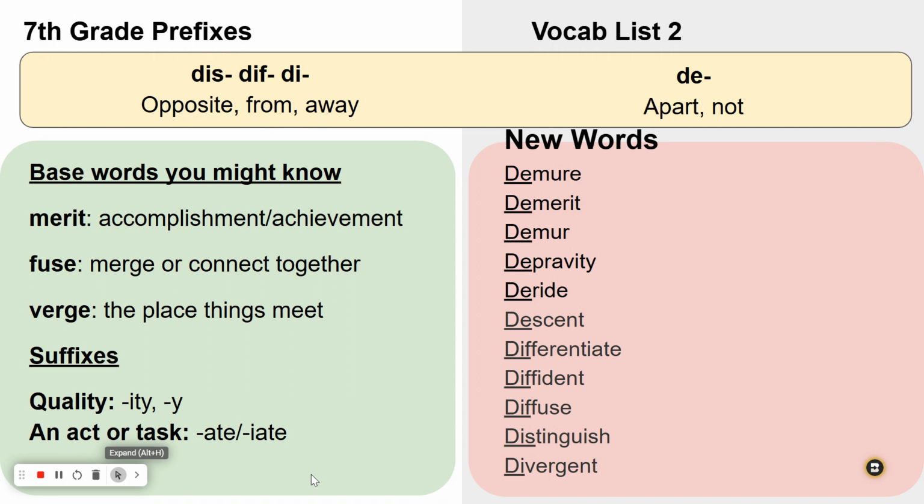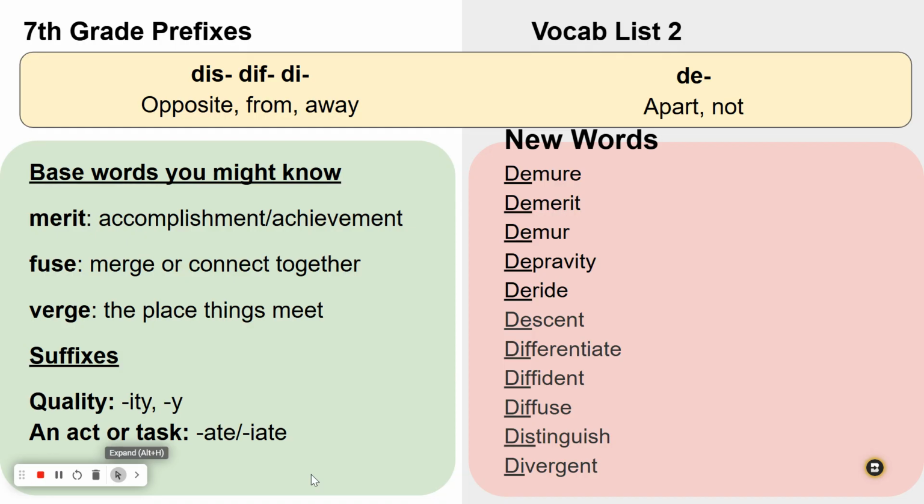You might recognize some patterns in this and words that you already know that have these prefixes. But we're still kind of focusing on things that have an opposite meaning or suggest the opposite or the undoing or an opposite direction of.